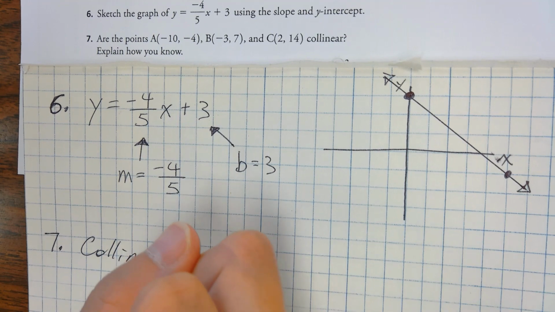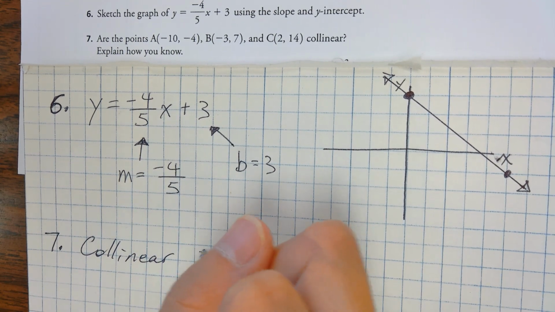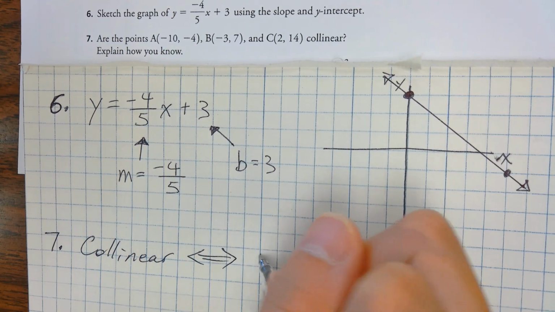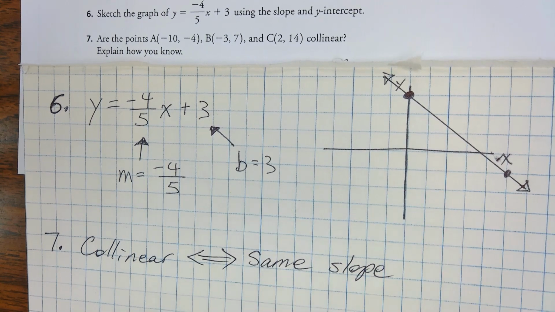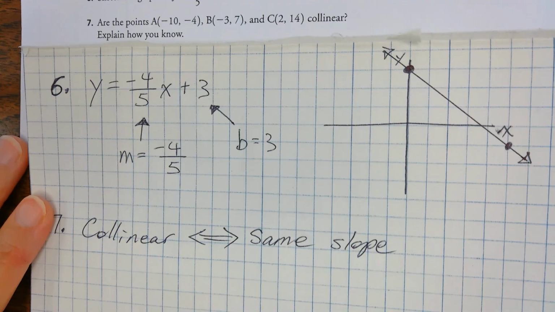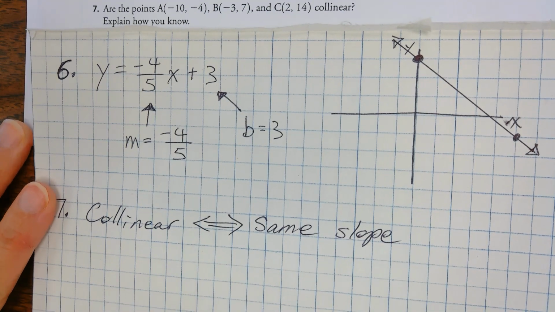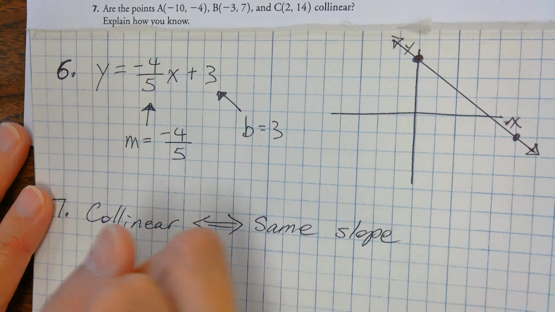Yeah. Same slope. That's right. Means that the points have the same slope. Alright. So I have these 3 points. I can try the slope of A and B.